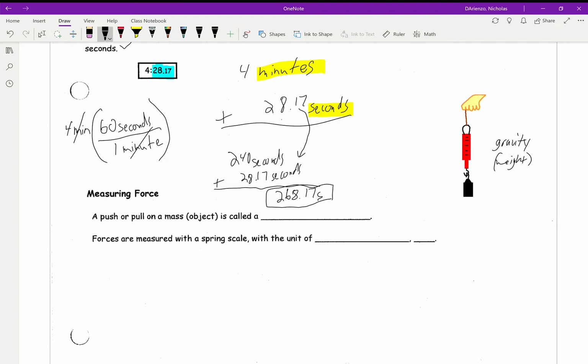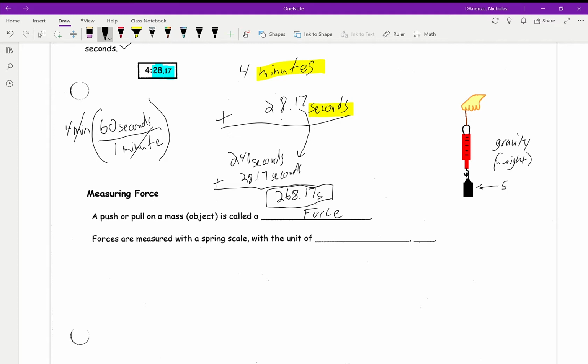A push or pull on a mass, which is essentially any object, is what we call a force. We measure these with a spring scale, which we can see this hand holding, with a weight at the end.